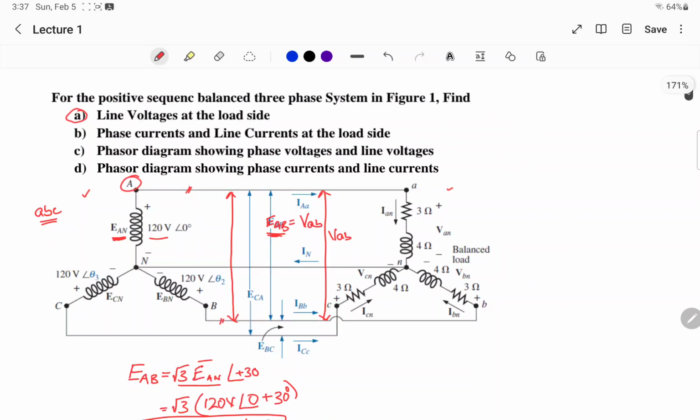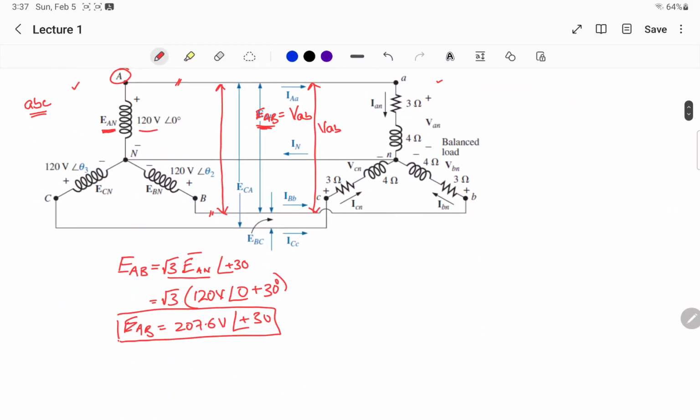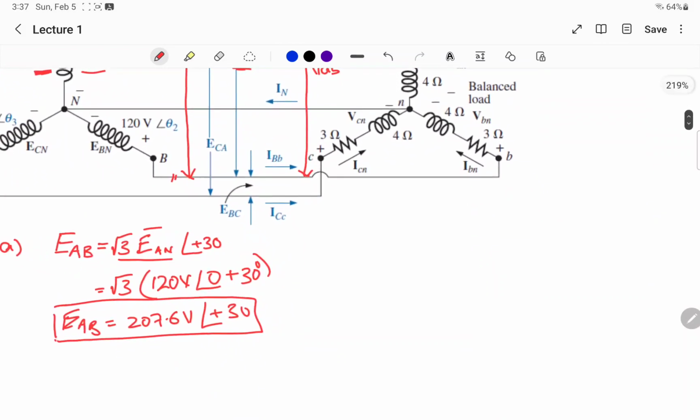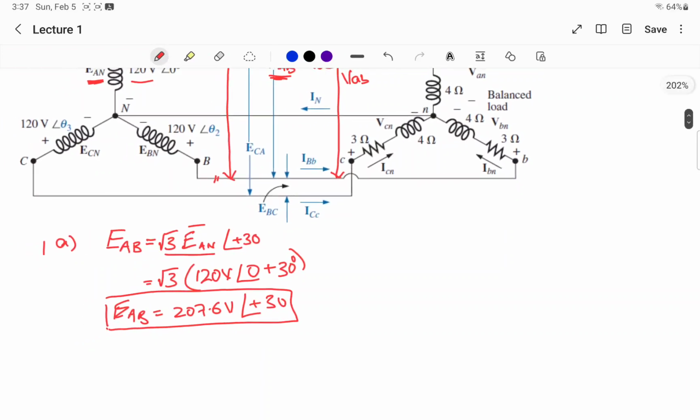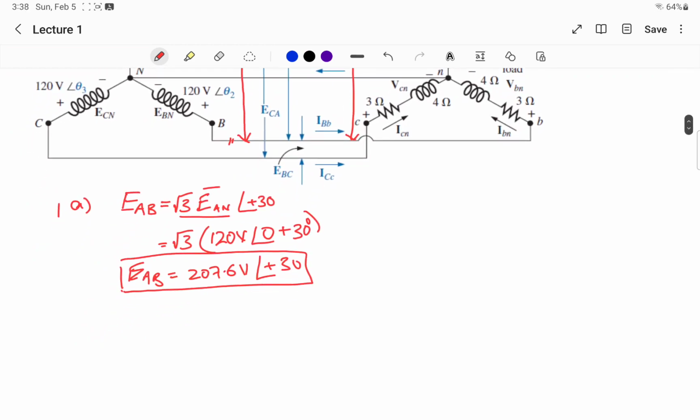This is how I am solving part A. I am trying to calculate line voltages at the load side. Now once we know this is EAB, we have one voltage, so we can calculate EBC. That will be 207.6 volts. Do you remember? This is a positive sequence, and if we have VAB, then 120 degrees shifted we have VBC, and then 120 degrees we have the other voltage.